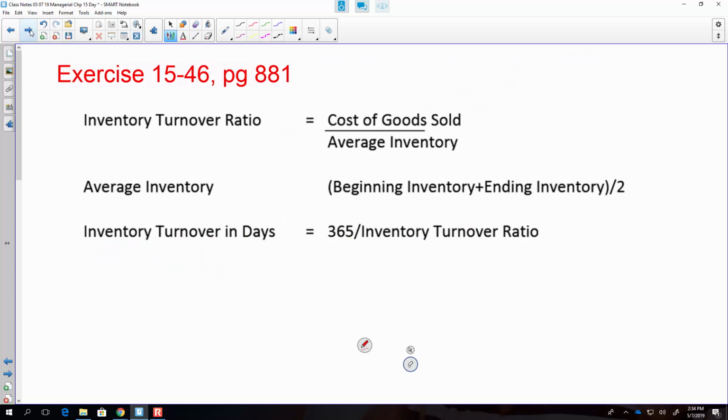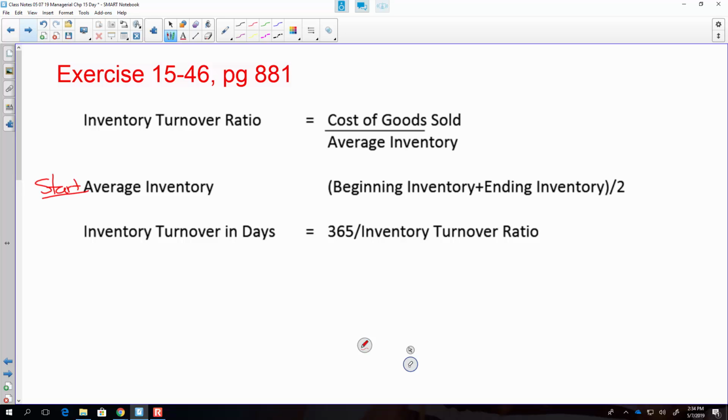So let's try 46 as our example for inventory turns. Rather large numbers, so bear with us. I was looking at 45. We're okay. 46, calculate the average inventory first.